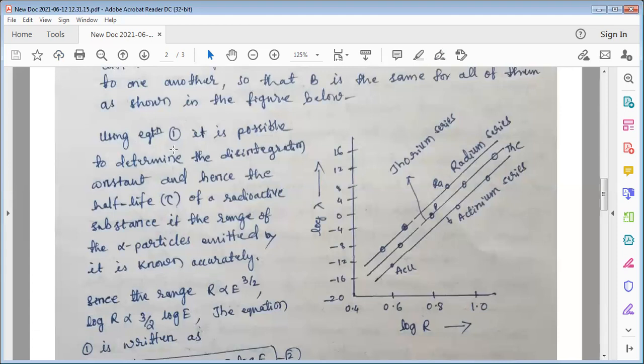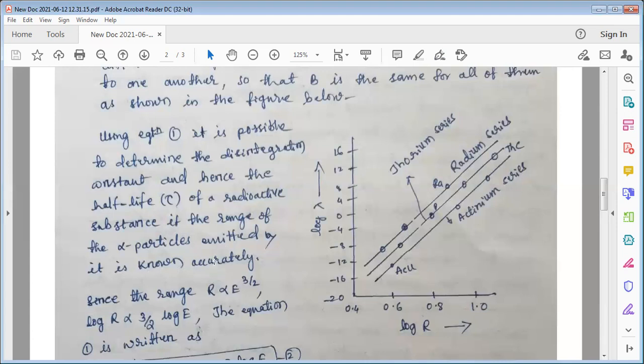So using equation 1, it is possible to determine the disintegration constant and hence the half-life of a radioactive substance if the range of the alpha particles emitted by it is known accurately.